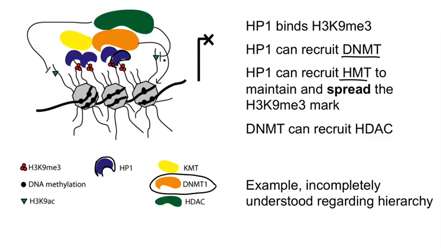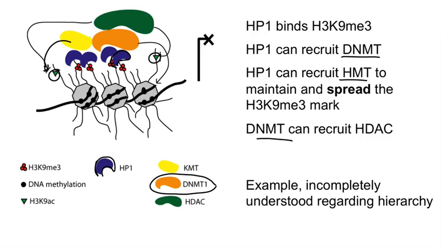We also know that DNA methyltransferase, in orange here, can recruit a histone deacetylase, and so it will then go and remove the acetyl marks on the lysines here and here. And if we're removing the acetylated lysines, this will result in a tighter compaction of the chromatin, and again will lock in this silent epigenetic state.